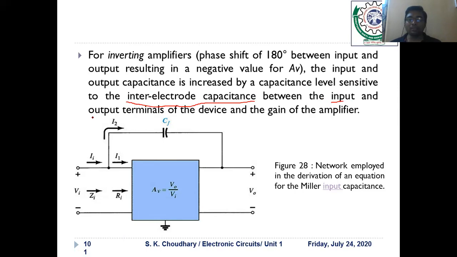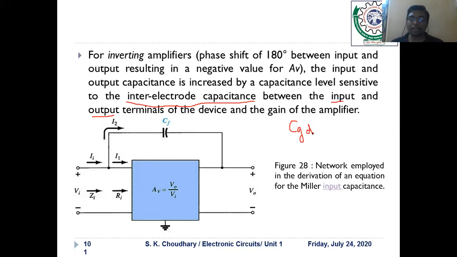For the common source amplifier, we are using an N-channel enhancement type MOSFET. The input terminal is the gate and the output terminal is the drain. So this inter-electrode capacitance here is CGD, the capacitance developed between the gate and drain terminal.